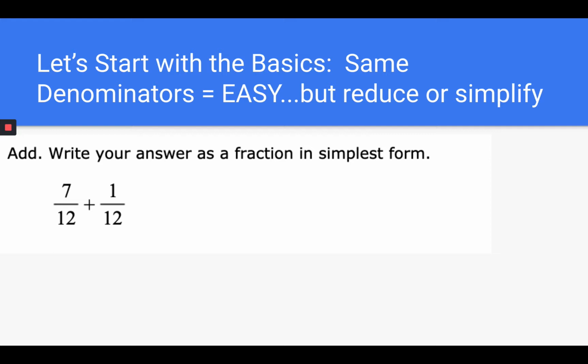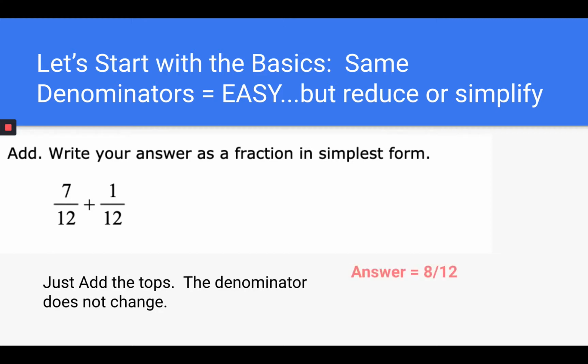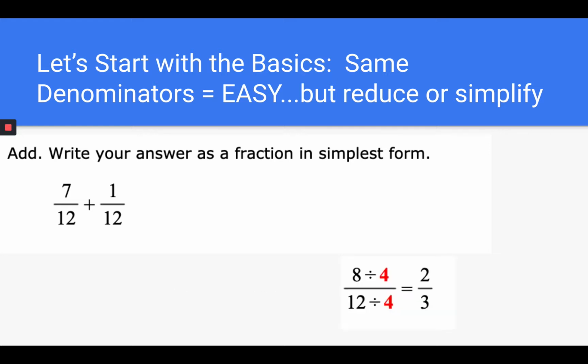That's pretty easy. I want to remind you before we do the harder questions that you always have to reduce or simplify where you can. So here's another question. In the ALEKS assignment, it'll say in simplest form. That means you can reduce it. But 7/12 plus 1/12. So you add it and you have 8/12. And that does reduce.